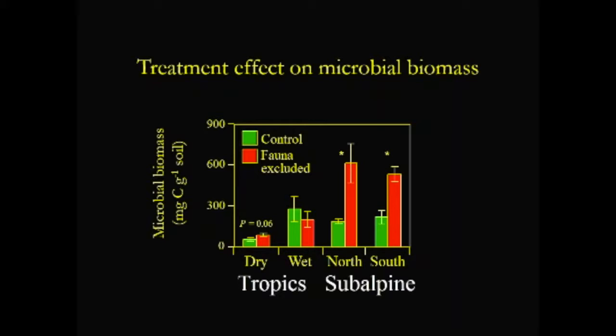And we see in the subalpine sites, when you exclude the animals, you see those red bars really go up, meaning that when you exclude the animals, the microbial biomass increases. So this graph might suggest that the animals are not only indirectly affecting the microbial community, but directly might actually be feeding on them, having some sort of selective inhibition on their growth.